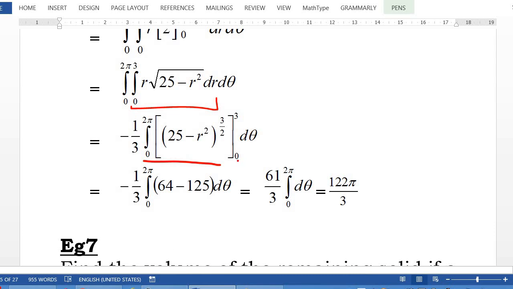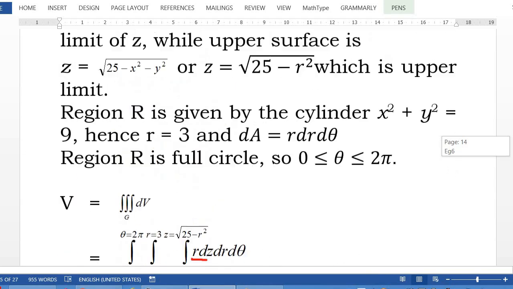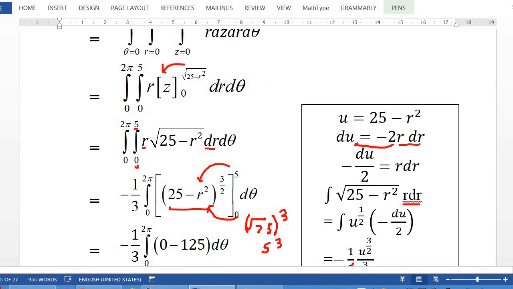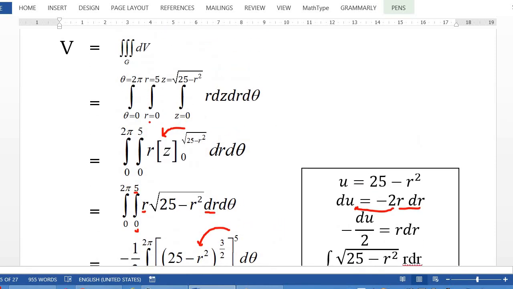Now plug in r from 0 to 3. Compared to the hemisphere just now, the difference is here: for the hemisphere, r is 0 to 5.